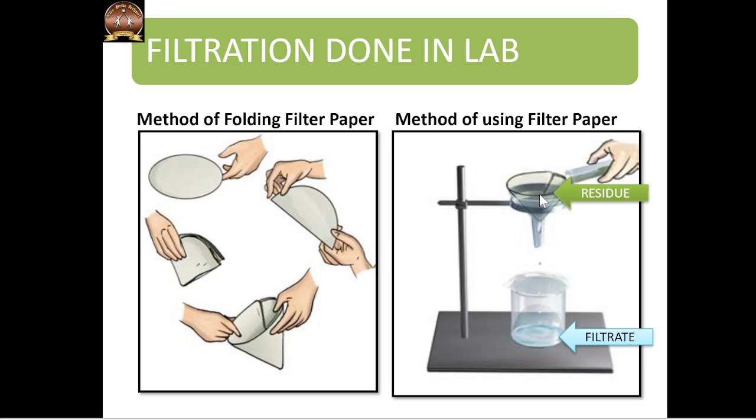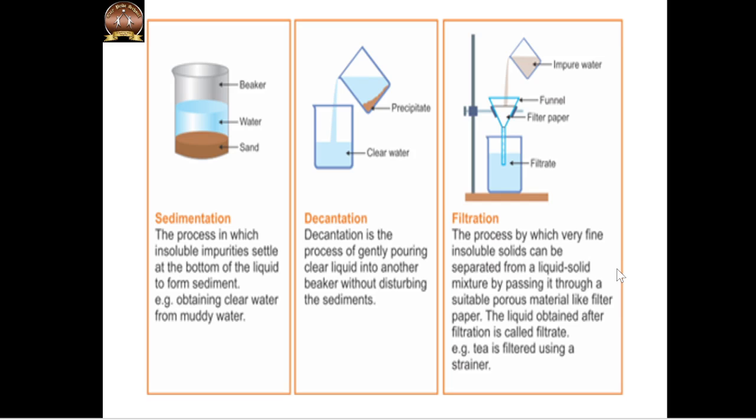When we prepare tea, filtration is the kind of process that we use. We do not require filter paper in that case because the tea leaves are large enough to be separated using a strainer, which is basically a mesh or a kind of sieve. The filtration process is also commonly used in water purification systems that we use at home.